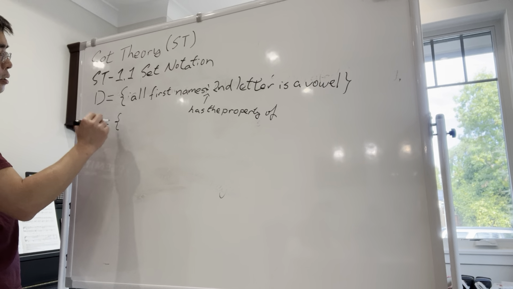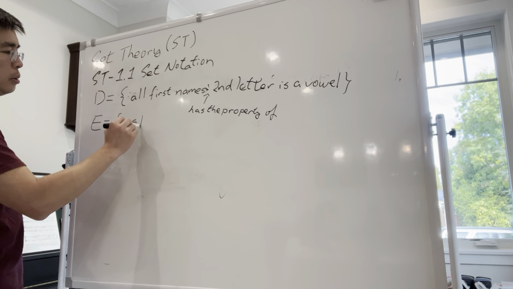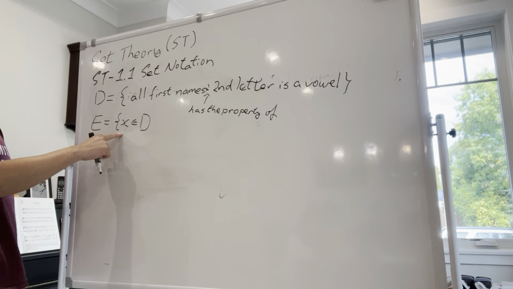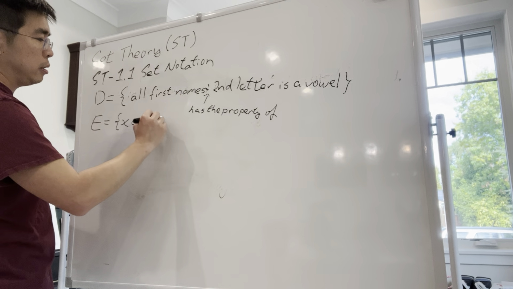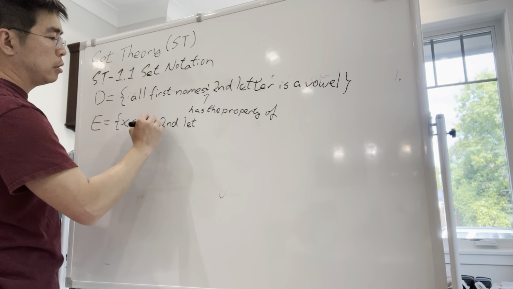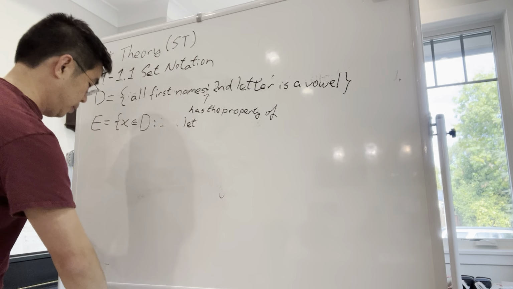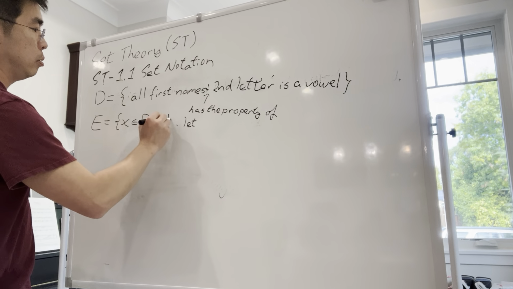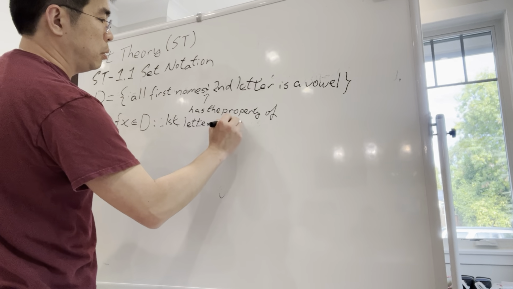Here's another set, E. x is an element of D, and it also has another property: the first letter is a vowel.